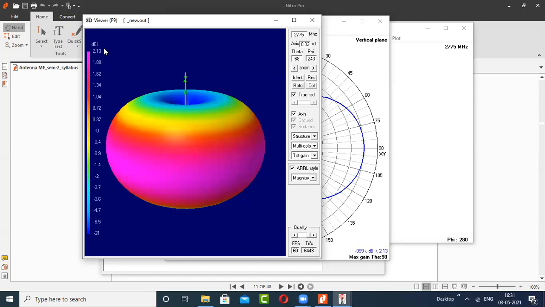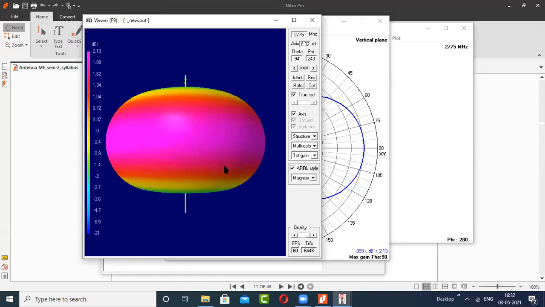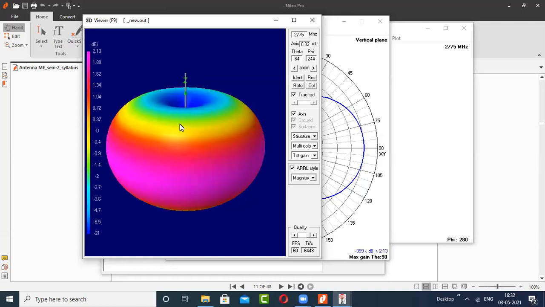So it is a larger figure. The simple interpretation is that the gain of this dipole antenna is 2 dB larger than the gain of the isotropic antenna, which is 0 dB.